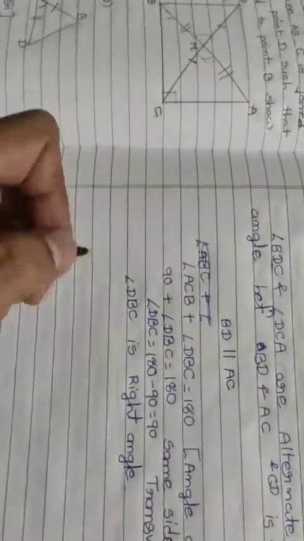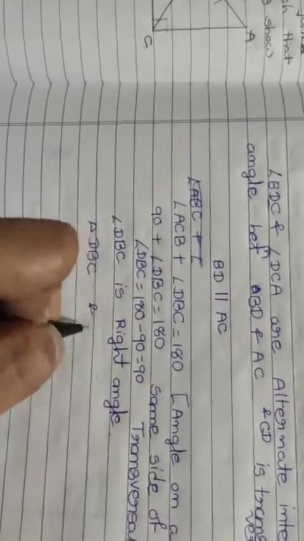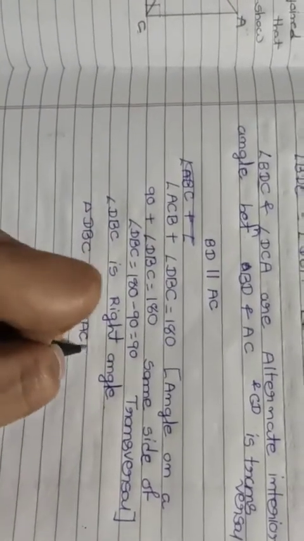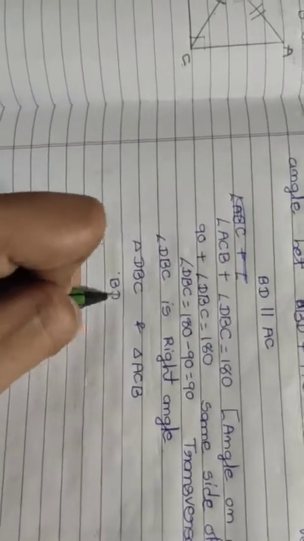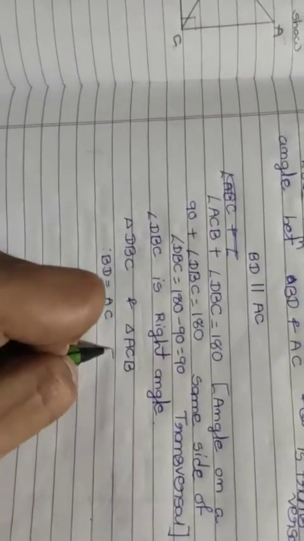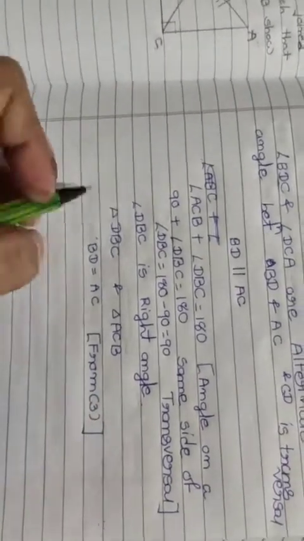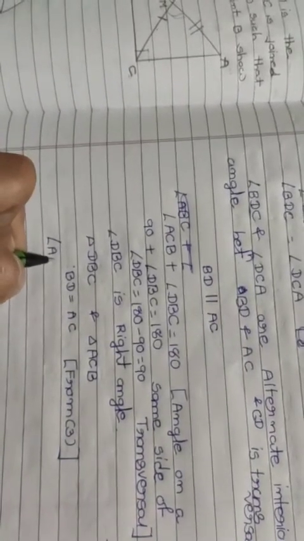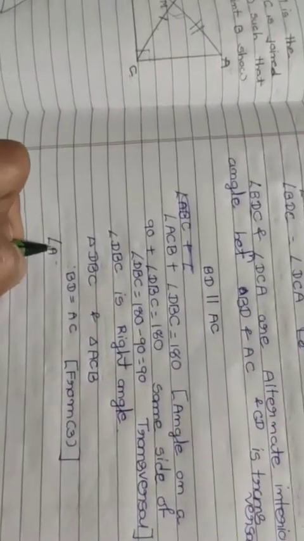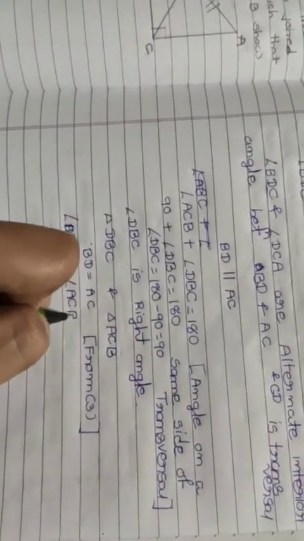Now one thing we have to prove is that triangles DBC and ACB are congruent. We have already proved that AC is equal to BD, that means BD is equal to AC. And we know that angle DBC is equal to ACB, both are right angles, equal to 90.